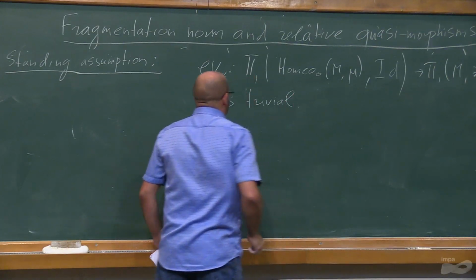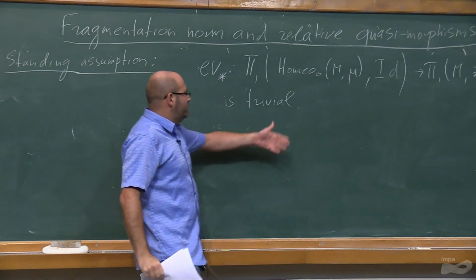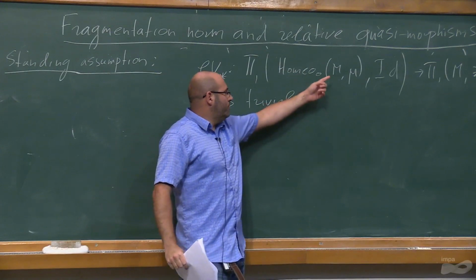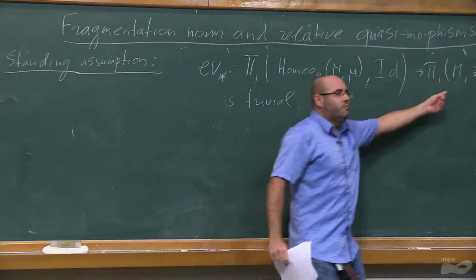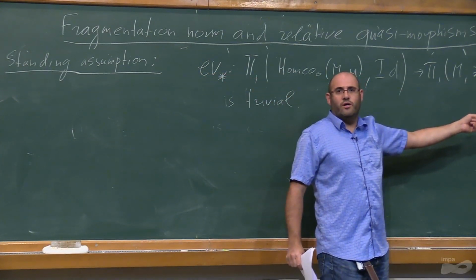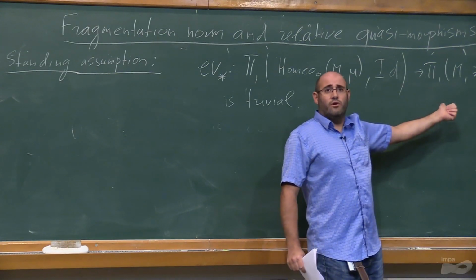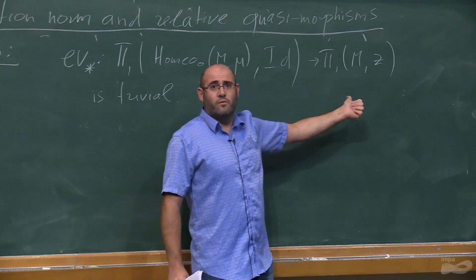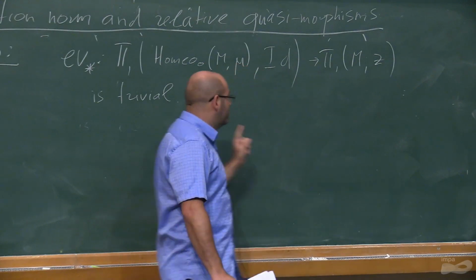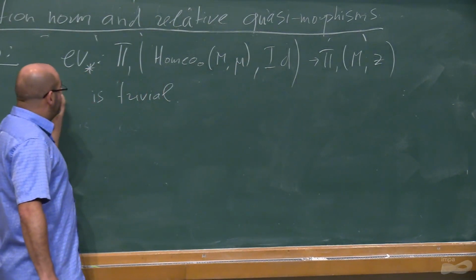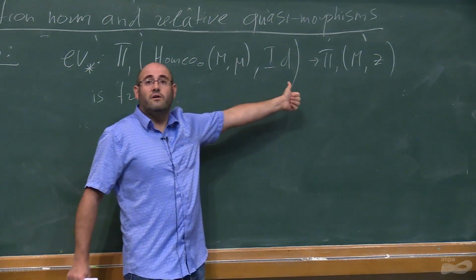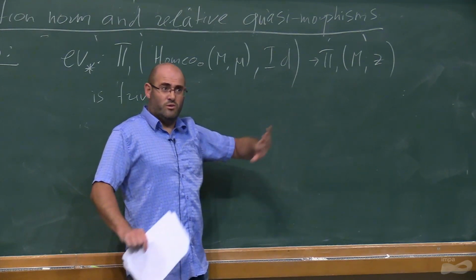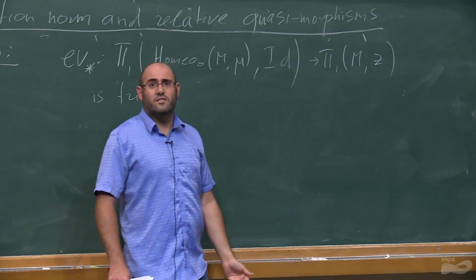Okay. So what's the evaluation map? You just take your group of homeomorphisms and you evaluate your homeomorphism on a point z. So this is a standard evaluation map, and this is the induced evaluation map on the fundamental groups. Okay. So my assumption is that the image of f star is trivial in pi 1 of M, z. And then I will tell you when this condition is satisfied.